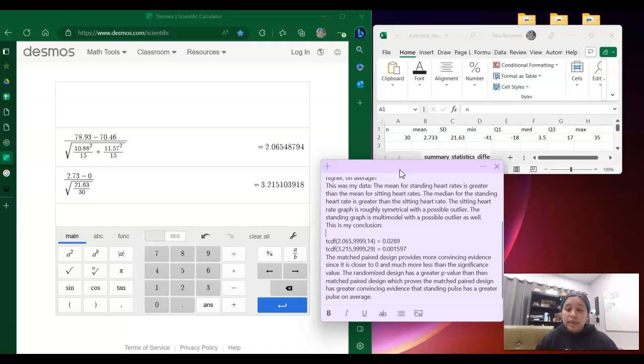So the randomized design has a greater p-value than the matched pairs design, which proves that the matched pairs design has greater convincing evidence that standing pulse has a greater pulse on average.